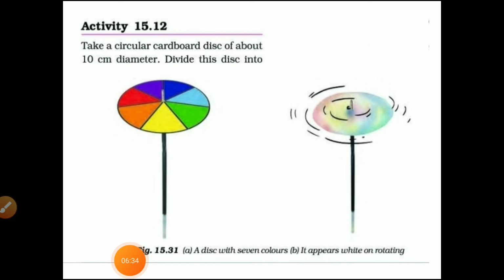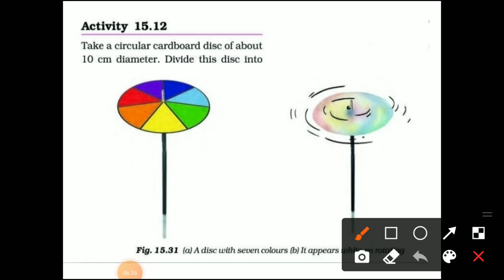You have seen that very easily we have done this activity from easily available material. You can perform this easily. You can take cardboard, make 7 segments and color it, then make a hole at the center and fix it on the refill of a pen.